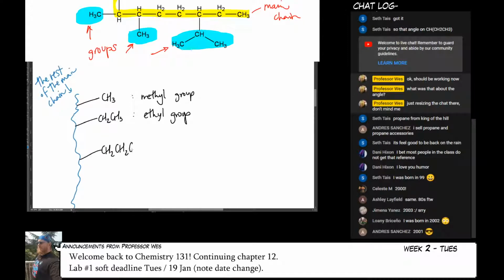And I can just keep doing this as long as I want to. This looks like propane, so we'll call it a propyl group. And this looks like butane because there are 4 carbons, so this would be a butyl group.